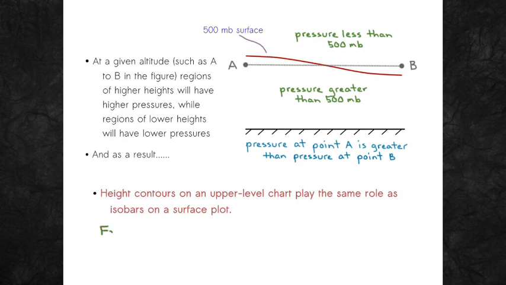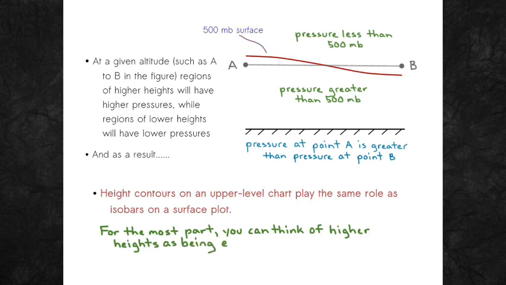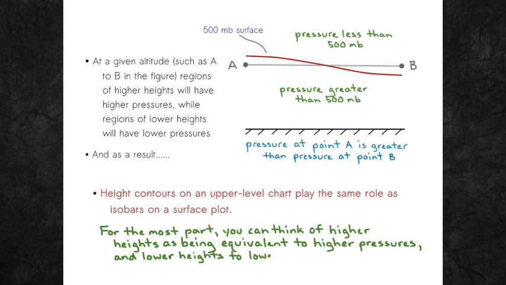That is, for the most part, you can think of higher heights of your pressure surface as being equivalent to higher pressures, and lower heights on your pressure surface as being equivalent to lower pressures.